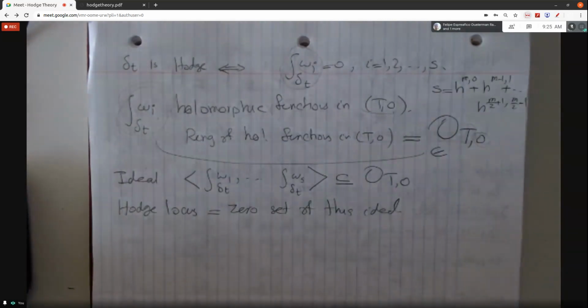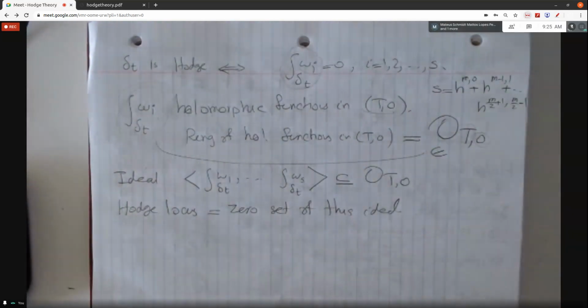So now the Hodge locus is a little bit more concrete. It is the zero set of this ideal.